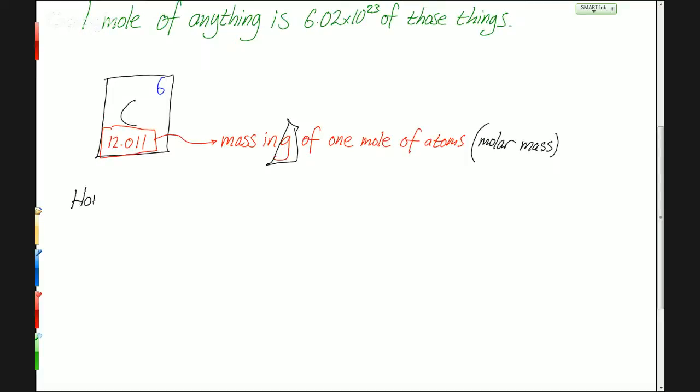Let's see what that would look like. We can answer questions like this: how many carbon atoms are in 1 gram of carbon? We know how many are in 12.011 grams of carbon, so we can know how many are in 1 gram. We can set this up just like the other conversion problems, using the idea that a mole is equal to 6.02 times 10 to the 23rd of those things.